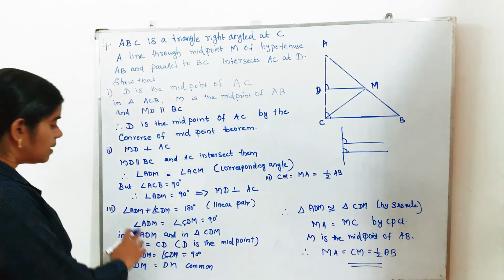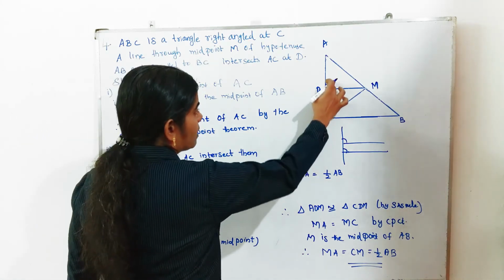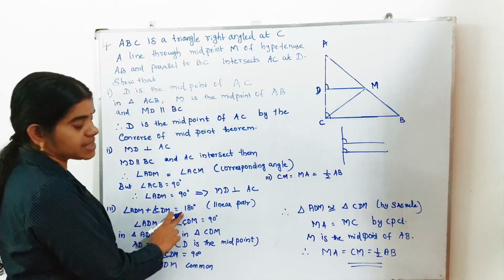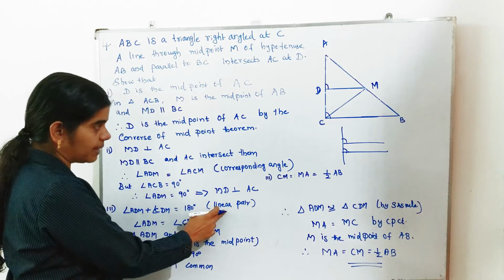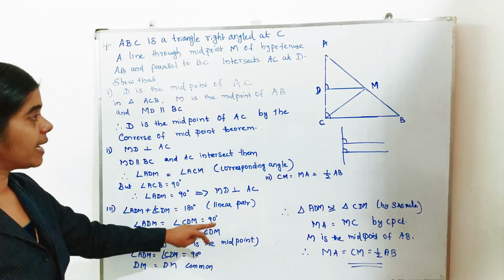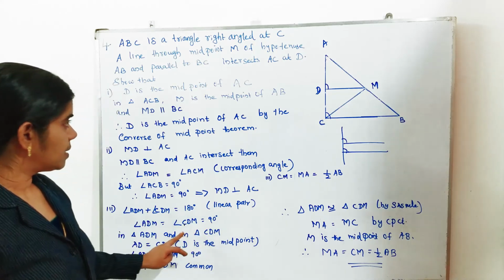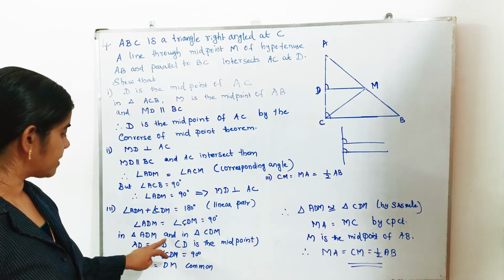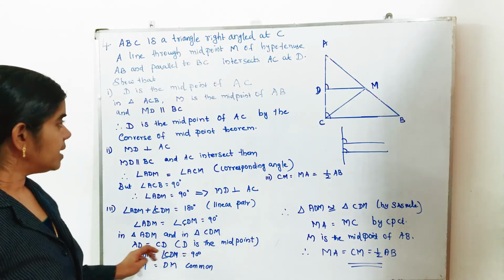For this, these two angles are a linear pair. Angle ADM plus angle CDM is equal to 180 degrees, that is a linear pair. Each of angle ADM and angle CDM is 90 degrees. Here we already proved that ADM is 90 degrees, so this angle also will be 90 degrees.